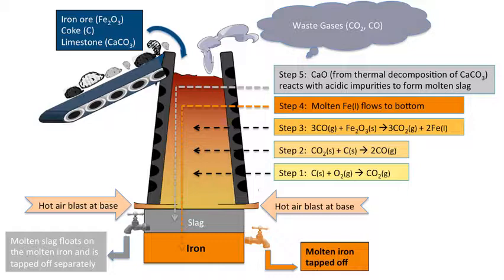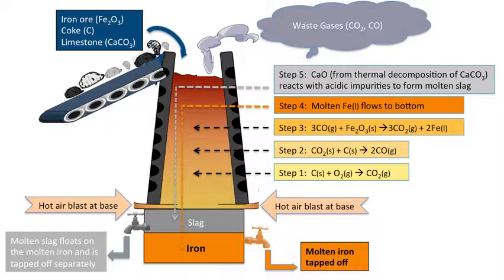So another example is the blast furnace for extracting iron. So there's the diagram there. I won't go through it in great detail because we're going to go through it step by step in the next few slides. But essentially what happens is that iron ore, iron oxide, is heated at very high temperatures, and about 500 degrees Celsius.